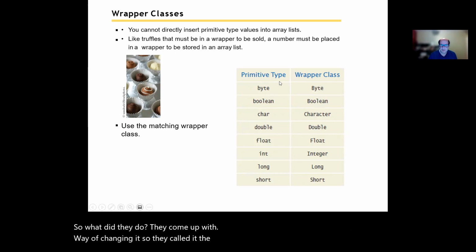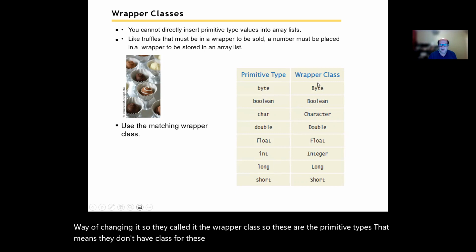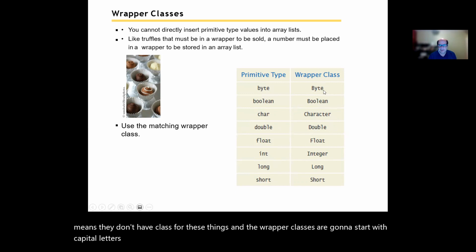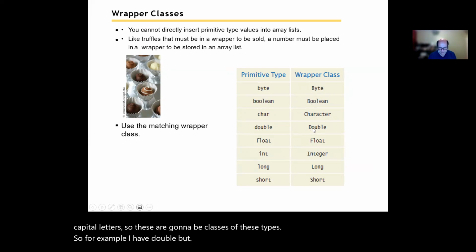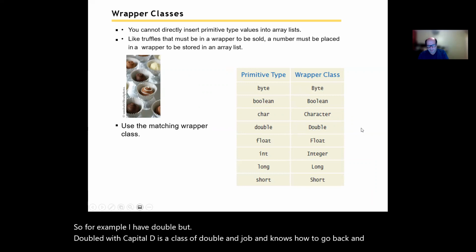So these are the primitive types. That means they don't have a class for these things. And the wrapper classes are going to start with capital letters. So these are going to be classes of these types. For example, I have double, but Double with a capital D is a class of double. And Java knows how to go back and forth, so I don't have to worry about it.